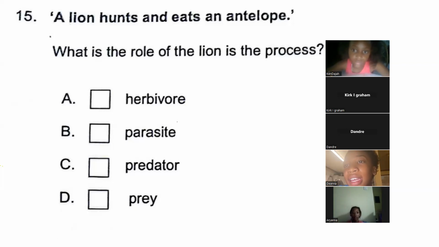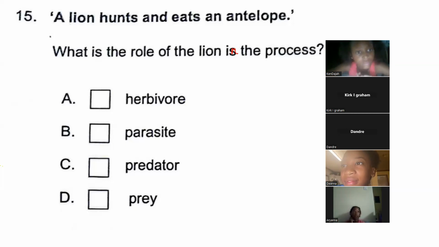It's supposed to be in, so change the is in your book to in. A. Herbivore. B. Parasite. C. Predator. D. Prey. The answer is predator.